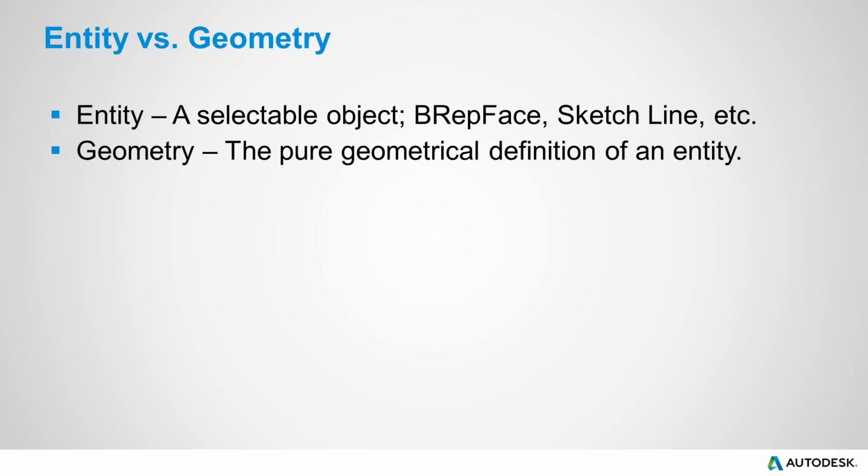For the top face, the plane, I would get back a plane object, and for the cylinder, I would get back a cylinder object, and that defines the shape of the face. The face is an entity, something I can select, and the geometry is just a property of that face.